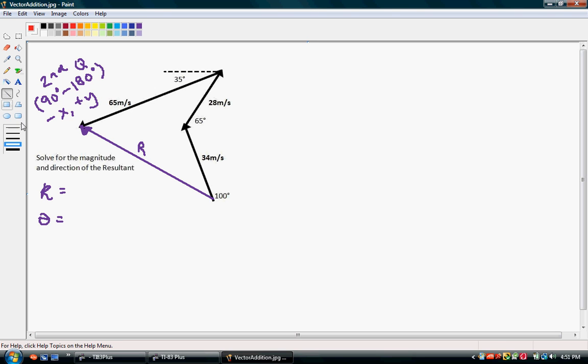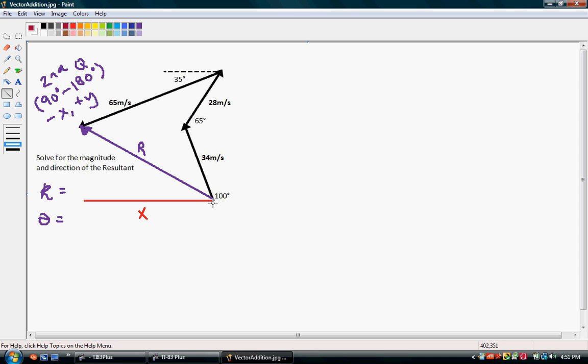So the x component, we'll make it red, and it's the total distance that we have to go to the left in order to make our resultant here. We get this total x by adding together the different x's from our three vectors.